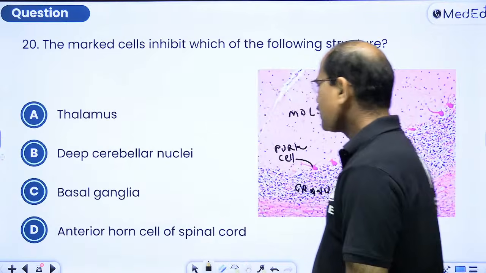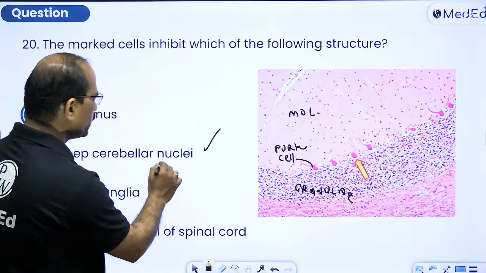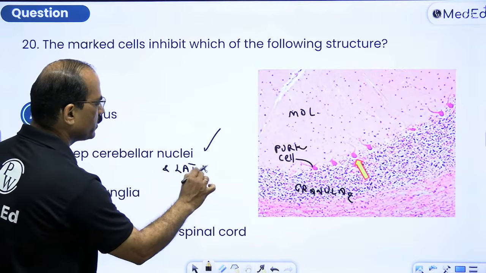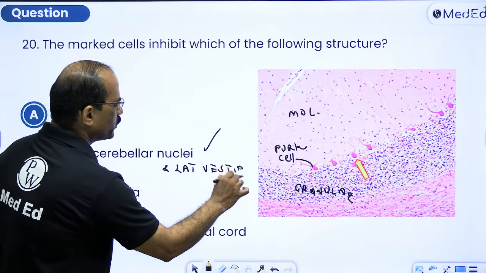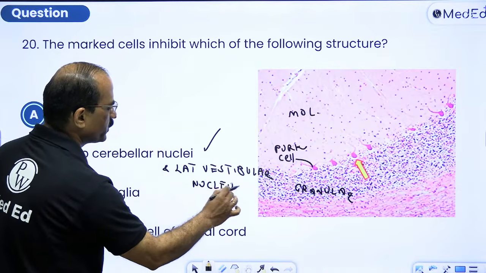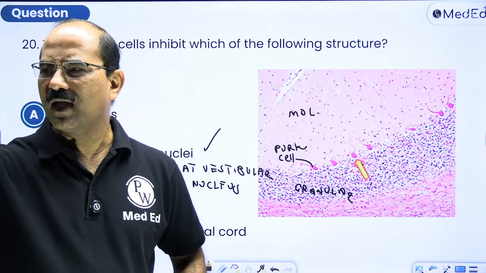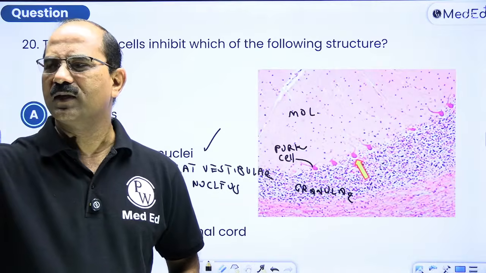And this Purkinje cell will inhibit the deep cerebellar nuclei and the lateral vestibular nucleus. So Purkinje cell is going to inhibit the deep cerebellar and the lateral vestibular nucleus.